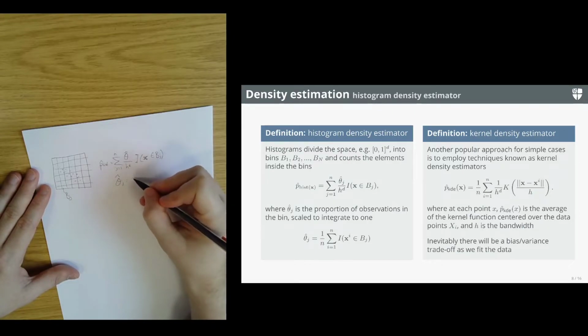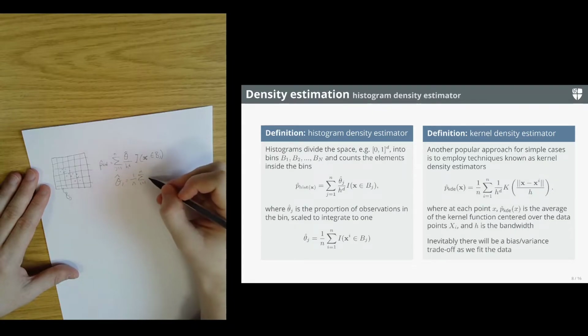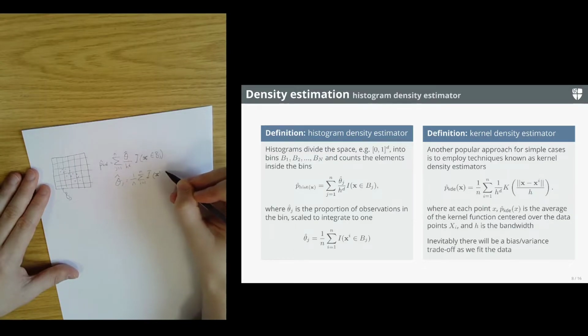This is where we have our normalizing constant, but basically we're averaging within each bin. So you could say i equals 1 to n for all of our data points within each bin.